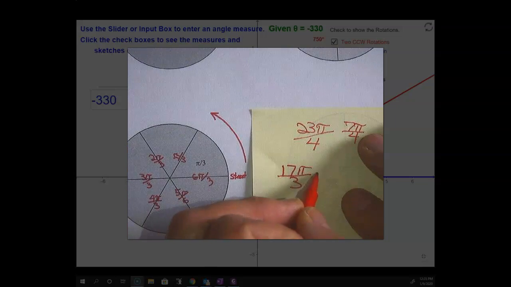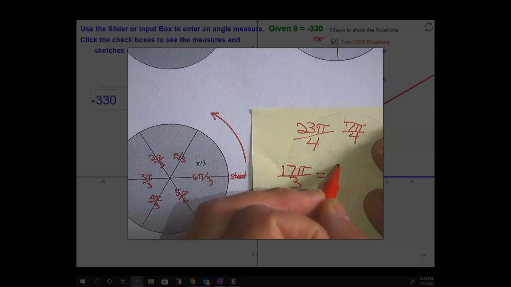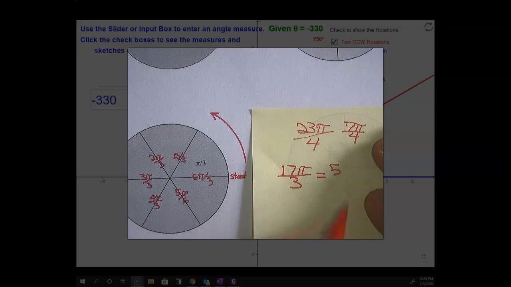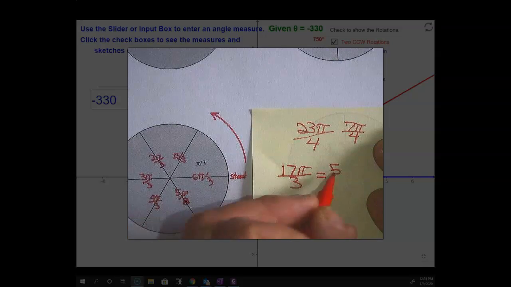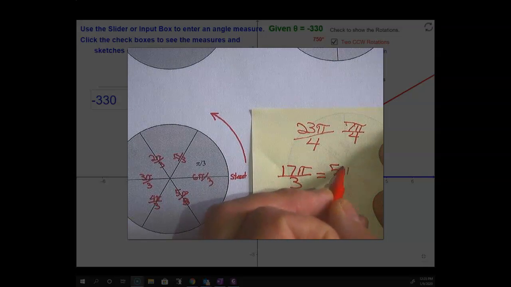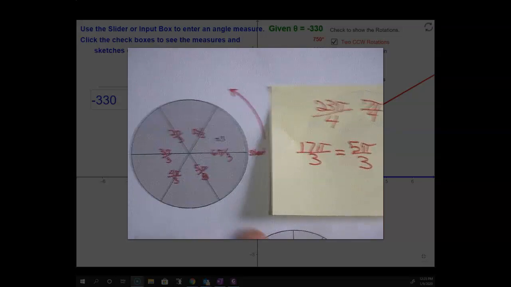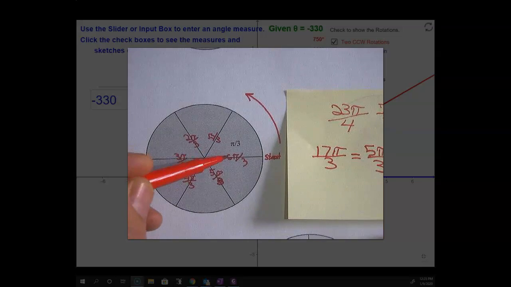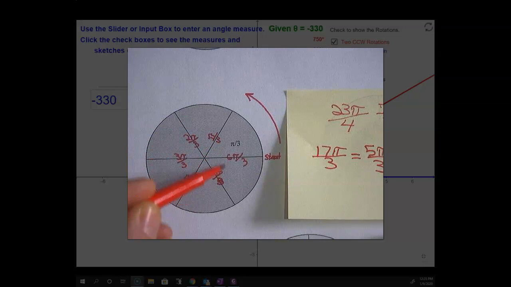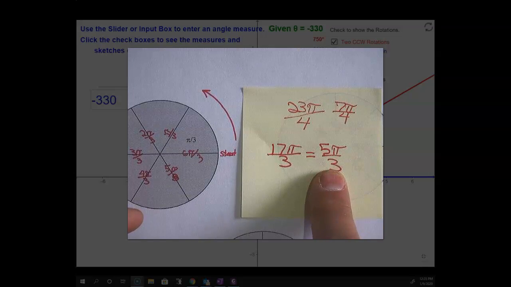So 17 pi over 3 is the same as, I think I wrote a 6 there, it's supposed to be a 3, 5 pi over 3. Or a little bit quicker, one time around is 6, 2 times around is 12, then 13, 14, 15, 16, 17. That's the coterminal angle.